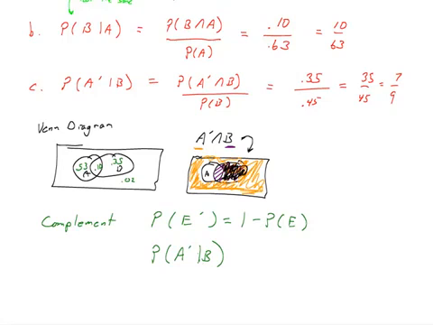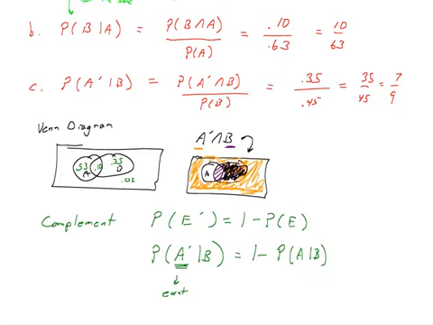So I'm not worried about what this is. The complement rule just applies to the event. So remember, this is the event of interest. So when I apply the complement rule, I just change this from the complement to the event itself, but I'm still inside of B. So I'm still given that B has occurred, but I'm applying the complement rule to the event itself. So the key here is that you don't change any of that given information.